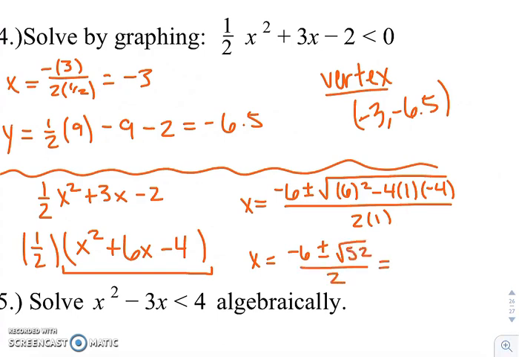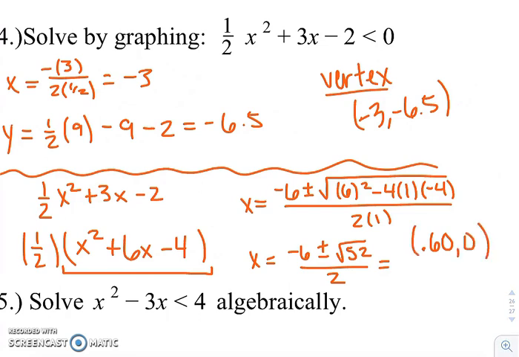So 52, over 2. So what I'm going to do is get the decimal values there because I want to plot these on my graph. So when I do negative 6 plus the square root of 52 divided by 2, I get 0.6. So if that's an x-intercept, I'm going to make it an ordered pair.